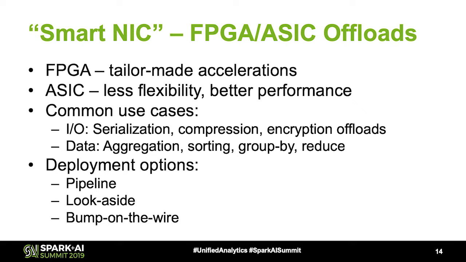So there are pros and cons for either. Common use cases for this are accelerating serialization, compression, and encryption. This is more on the I/O side. And on the actual data, it can also do some data massaging along the network pipeline, doing aggregation, sorting, group by, and reduce operations, and of course, many more.